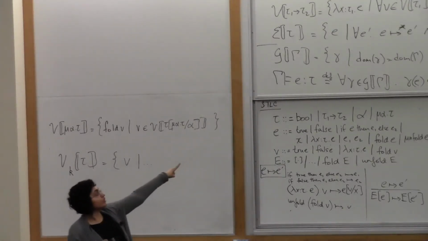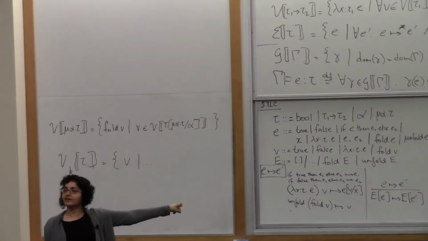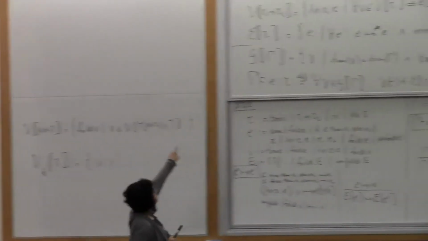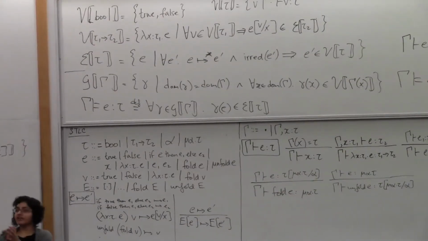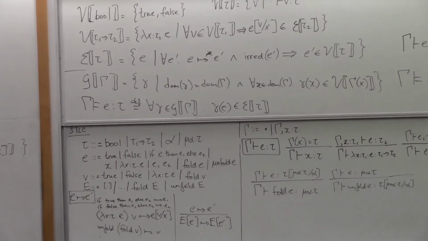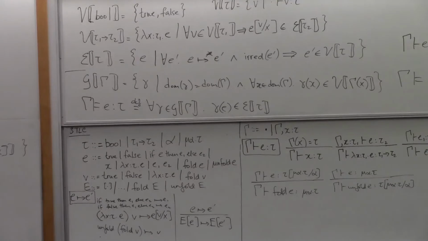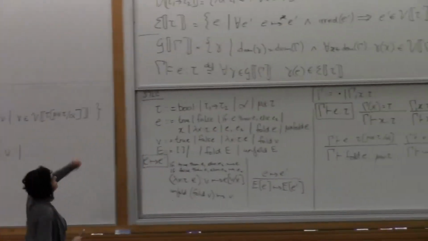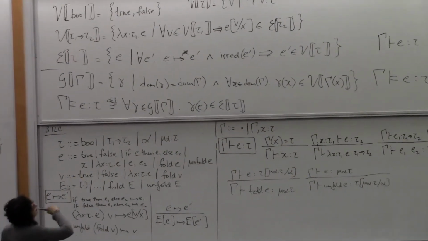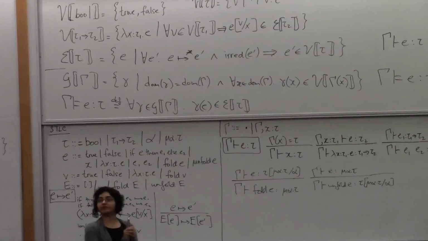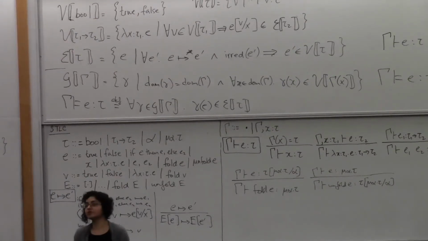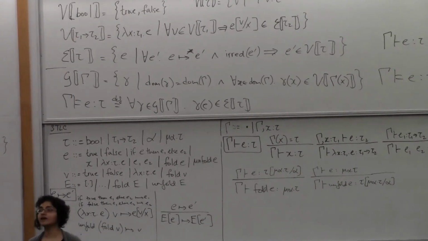That basically says that if you're looping, then I have nothing to show. The definition of E tau says if I give you an expression and it just keeps looping, then in order to show that that expression behaves like it has type tau, you don't really need to prove anything. Because if you look at the definition of E tau, it says for all v primes, so when you run E, you get to an irreducible state. Since your expression loops, you don't need to prove anything when it's looping.